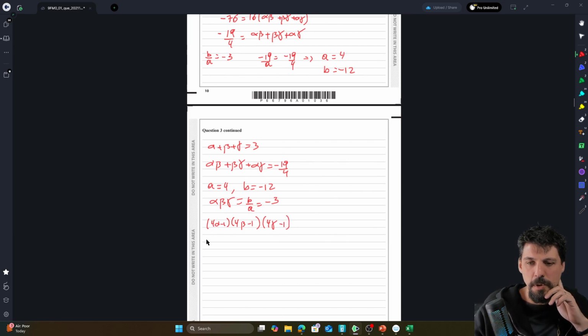So what do we get when we multiply that out? We get 64 alpha beta gamma by doing those. I will get minus 4 the double products, because that will be by having 2 of them and then just one sign here.